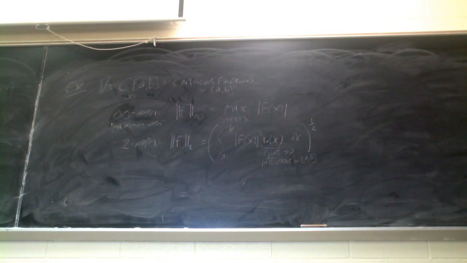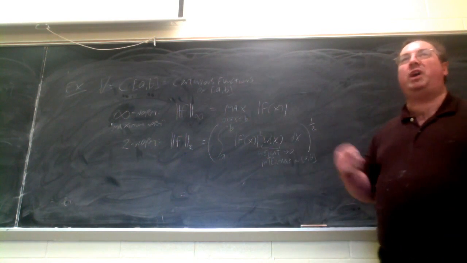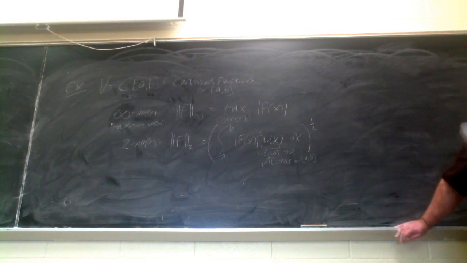That is singular at the endpoints. But you can still use it. And that's actually the weight function used for the Chebyshev polynomials. Okay. So when there's a weight function that's not 1, you might call this the weighted 2 norm. And usually it should be clear from the context which weight function you're using, if any.